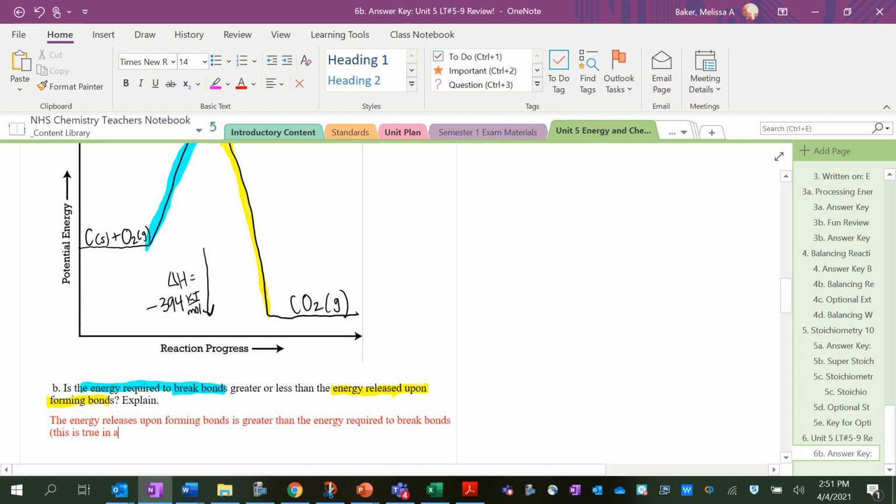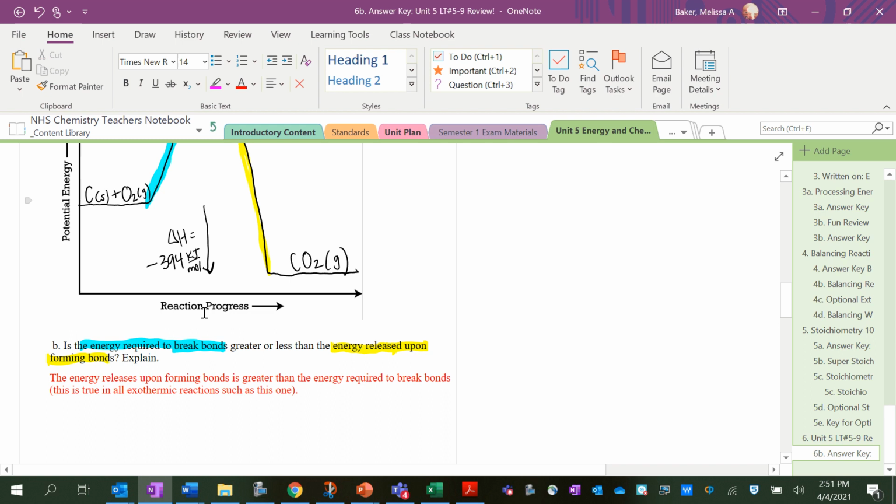This is true in all exothermic reactions, such as this one. So in combustion reactions, there's always more energy released when the new bonds form. So you're always ending up with a negative heat of reaction, which means that it's releasing energy overall.